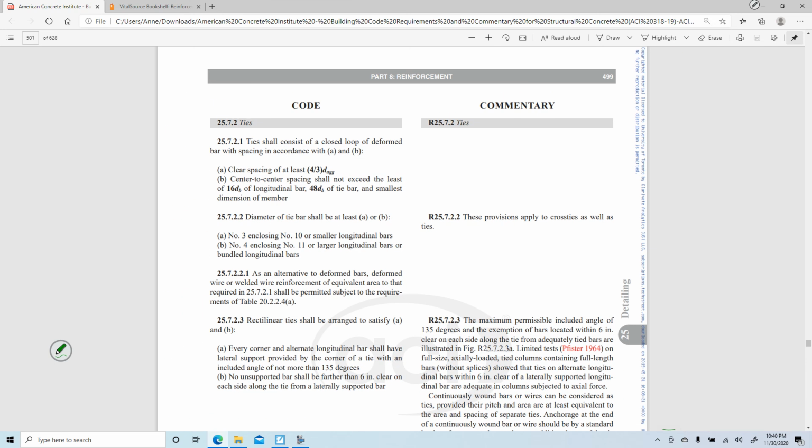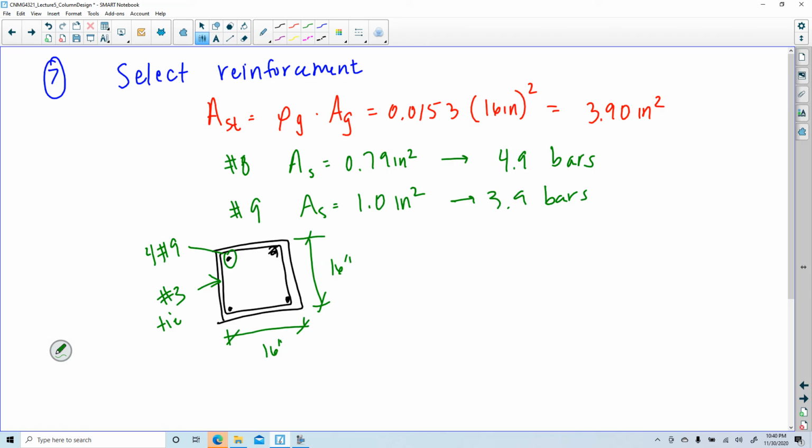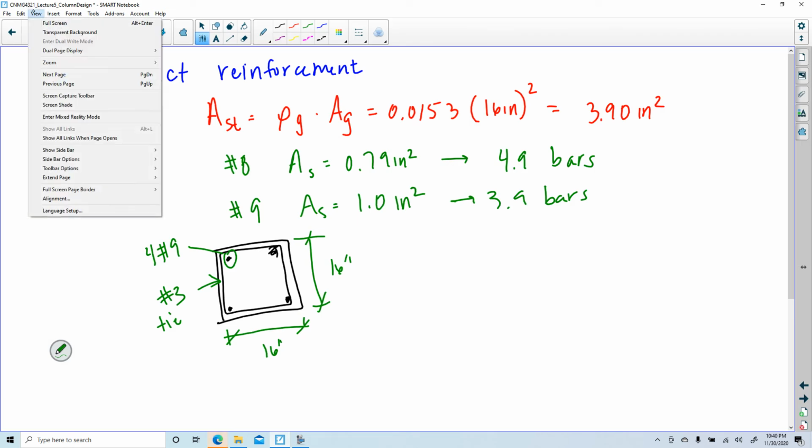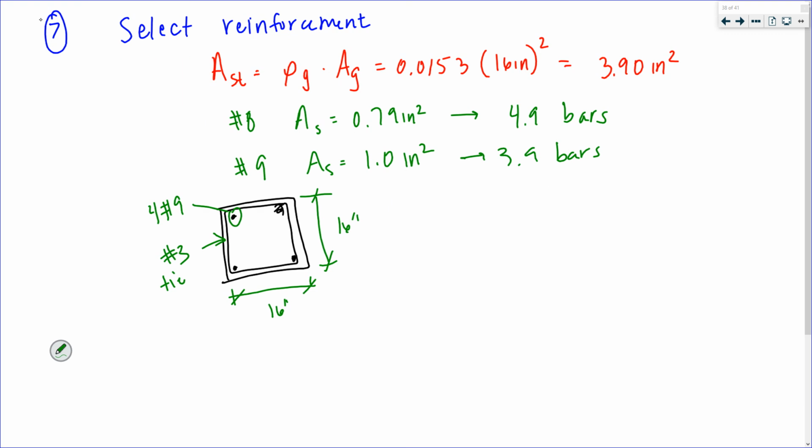Ties. Number 3s for a number 10 or smaller, and we're looking at number 9s. So we'll come back to that, but that's how I selected that. Again, that's on page 499, column transverse reinforcement.